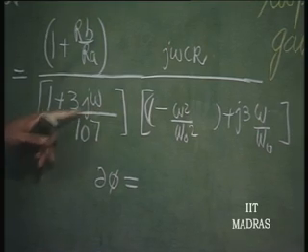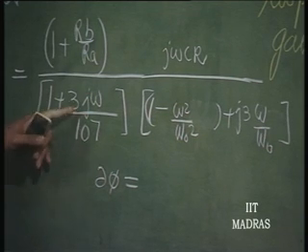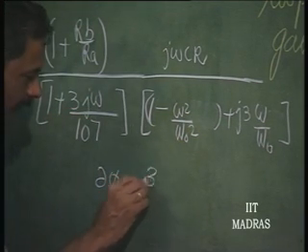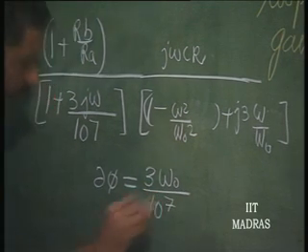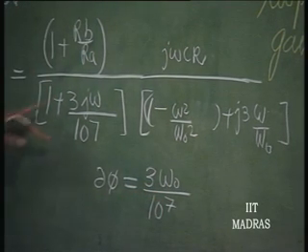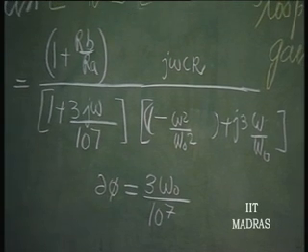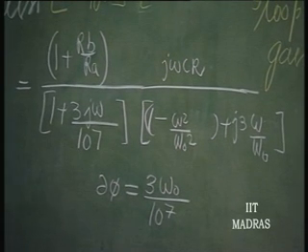So, we can write delta phi as straight away equal to 3 omega naught divided by 10 to power 7. 3 omega naught by 10 to power 7 is the phase lead required, right.